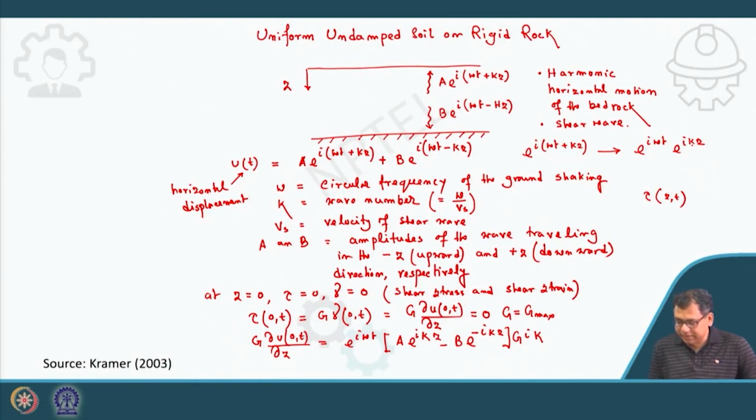So, there is a G term, and e to the power i omega t is constant and outside. Within the bracket, it will be A e to the power i k z minus B e to the power minus i k z. If I differentiate it, I will get this expression.